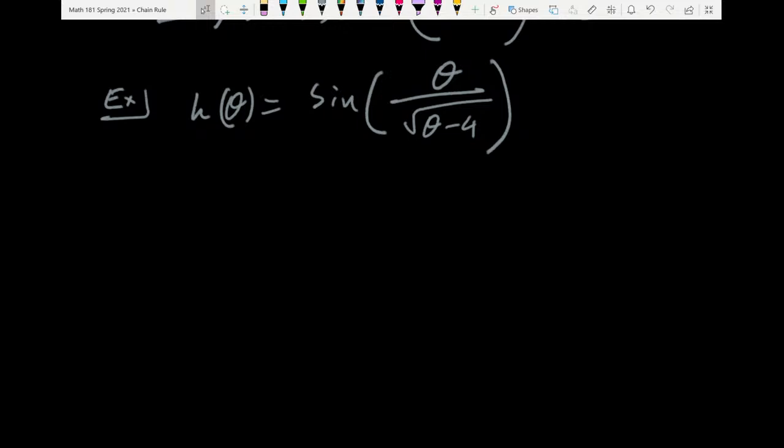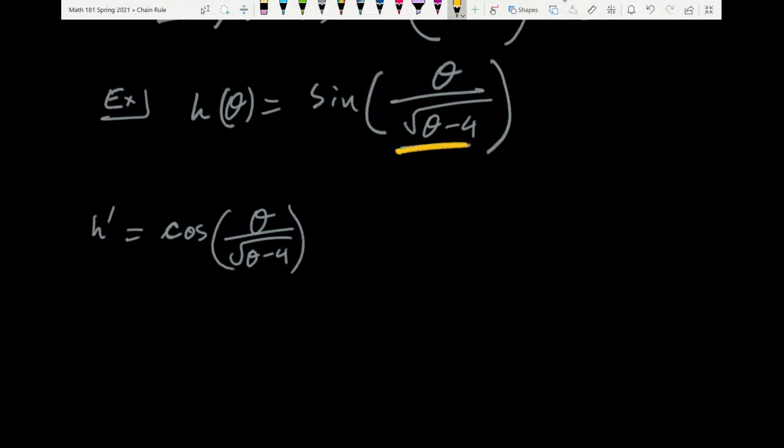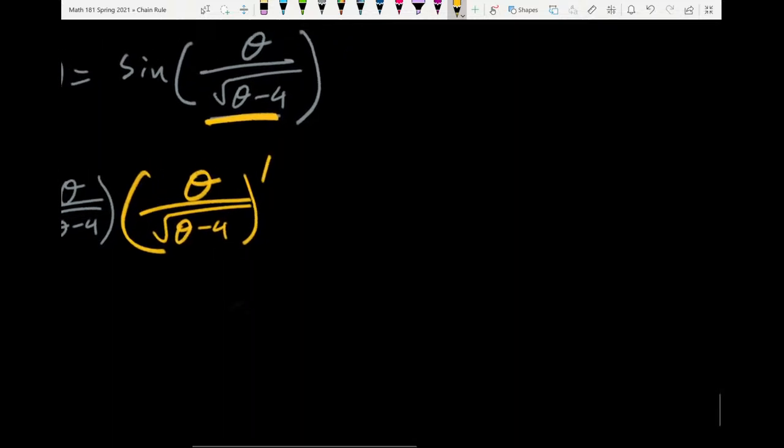Okay. So this is chain rule inside a quotient rule. So let's look at it. First things first, the derivative of that would be, it's super easy, cosine of theta. That's easy. Now we've got to do the derivative of this inside. What's the derivative of that?